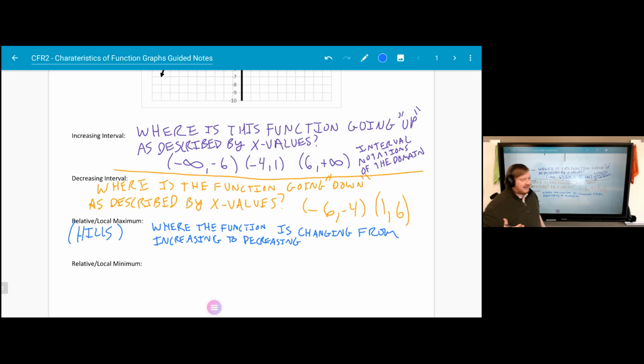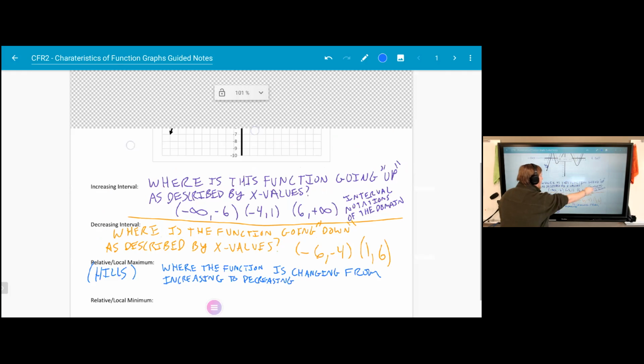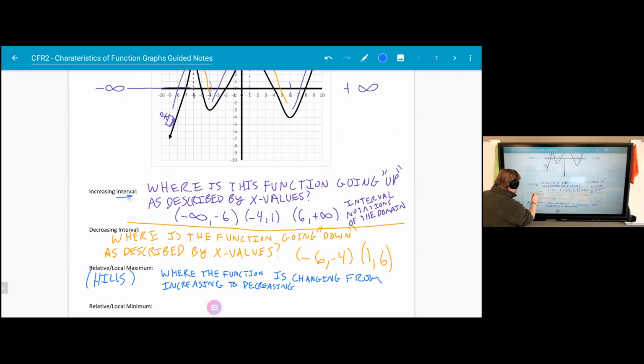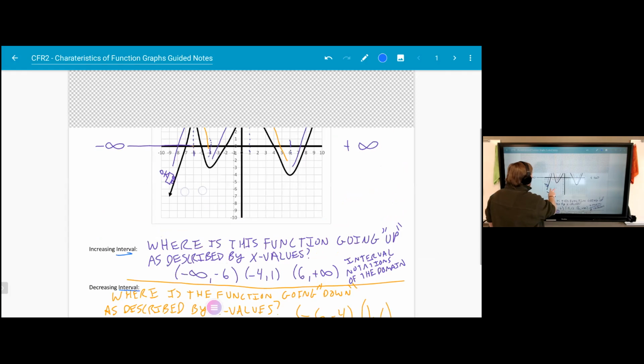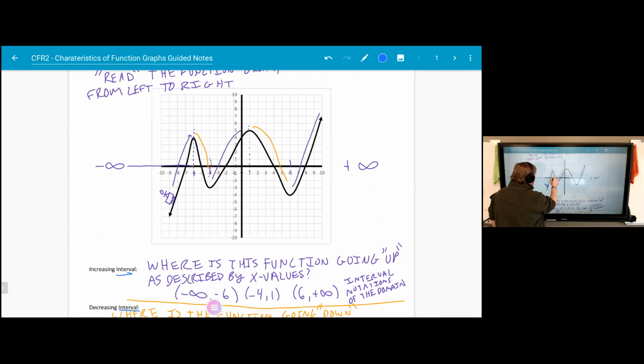And now this is interesting, because before we were using interval notation to describe our x values. It goes between two x values. Well, at this point, we need to know the location and the value of the hill. In other words, the location in x of where it happens, and the value in y. This is going from increasing to decreasing.